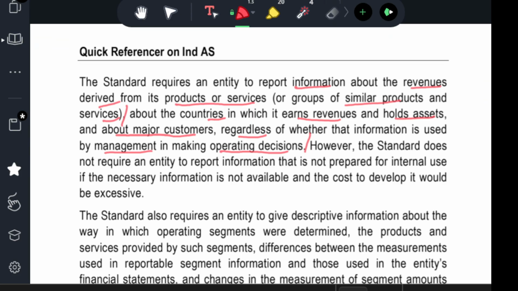However, the standard does not require an entity to report information that is not prepared for internal use, if the necessary information is not available and the cost to develop it would be excessive. Sometimes the management will not do it. They will think that it's too costly to maintain. If they have not done it, it's not a great mistake, but it's all in the hands of the auditor. If you think so, it's important because materiality is very important. Where the revenue has been generated, where the revenue has been expended. Example, they have a branch in India.